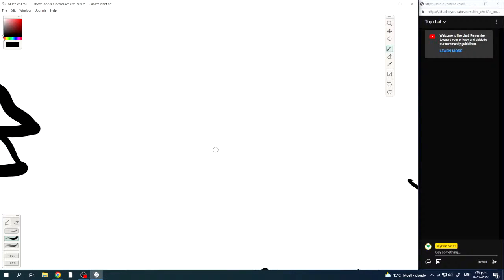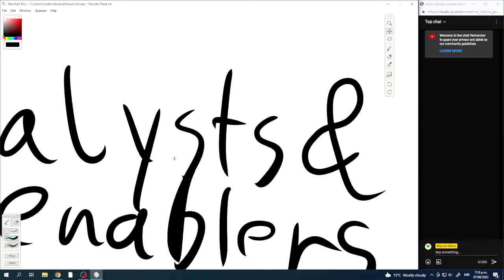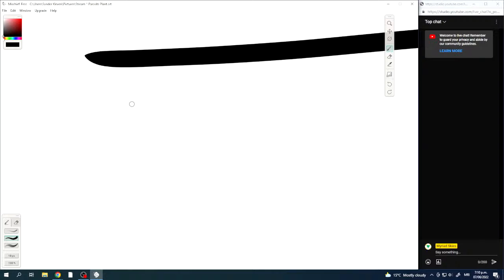So the main source of energy coming into this. Wait a moment, I'll just zoom in here. It's going to be completely lost, but who cares? A7 has two sources of energy.